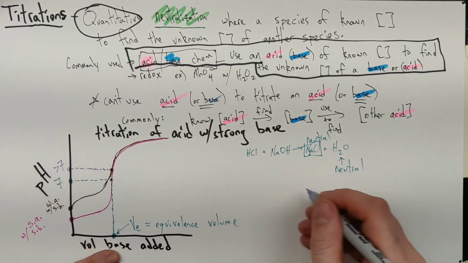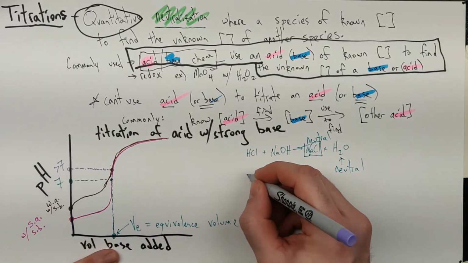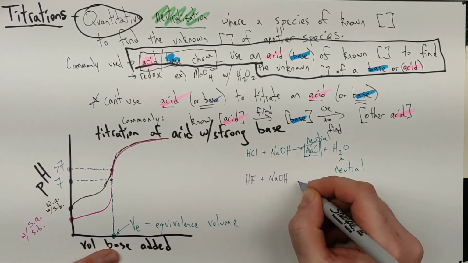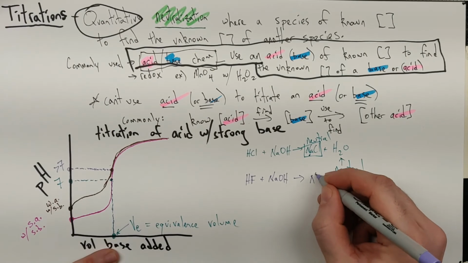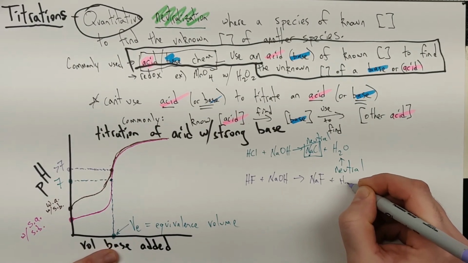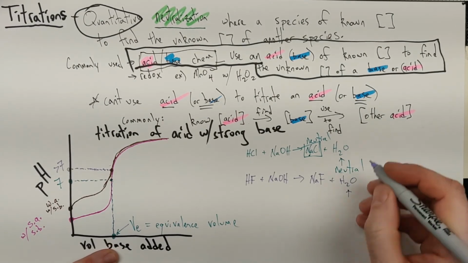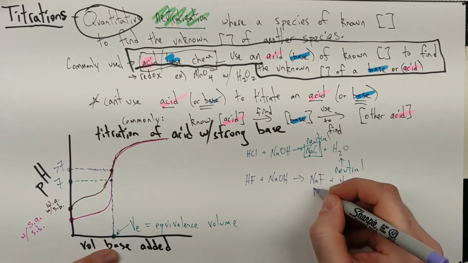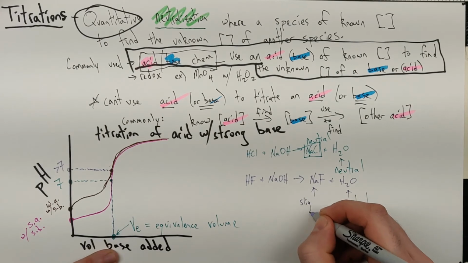So if you look at some titration of a weak acid with a strong base, like HF with NaOH, you might end up with something like NaF and H2O. And H2O, for practical purposes, is neutral. And NaF, it turns out, is slightly basic.